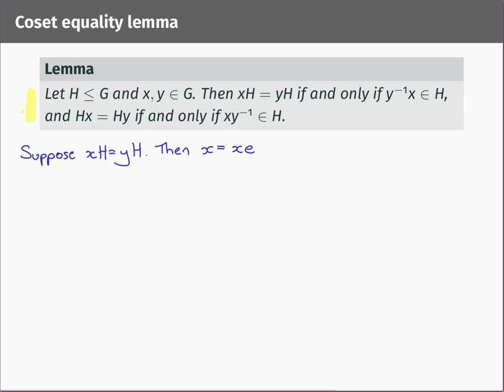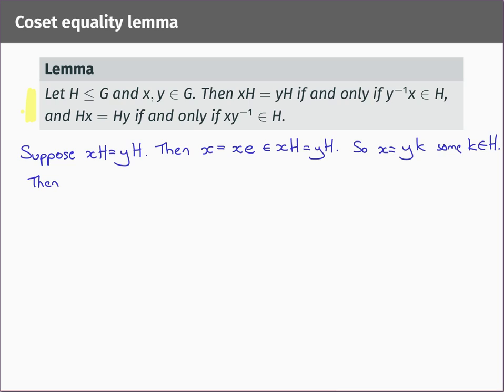So this x times e is an element of xH, and that's equal to yH. So if x is an element of yH, x must be equal to y times an element of H. So let's say y times k for some k in H. Okay, now we just have to rearrange this a little bit.